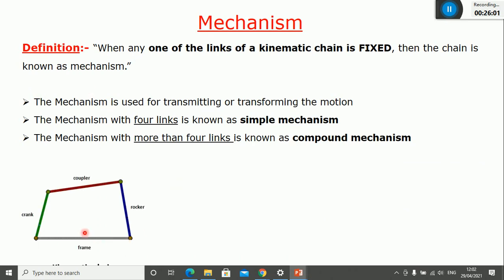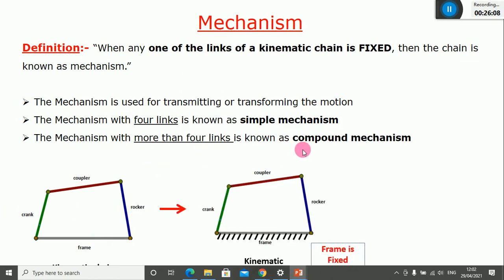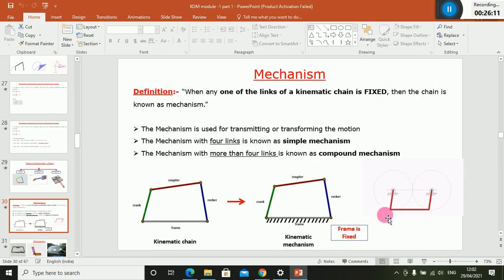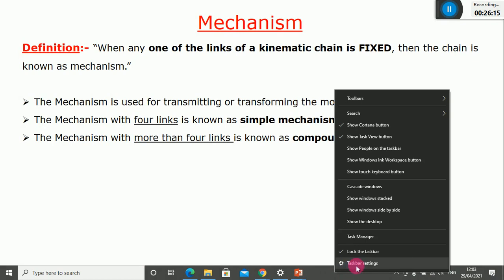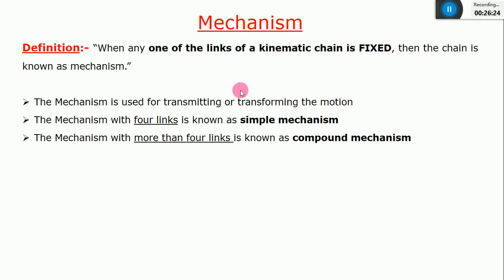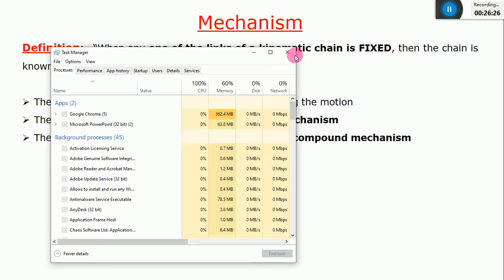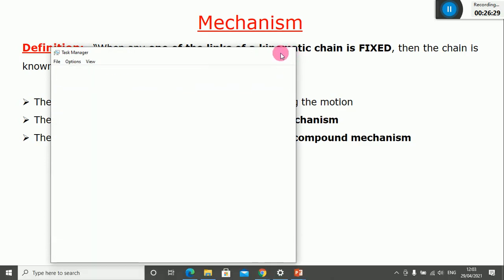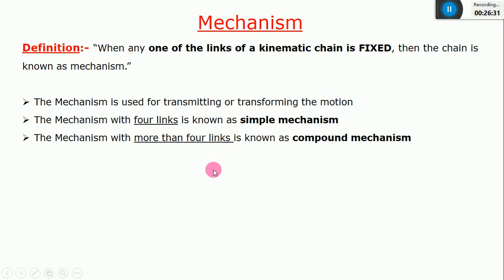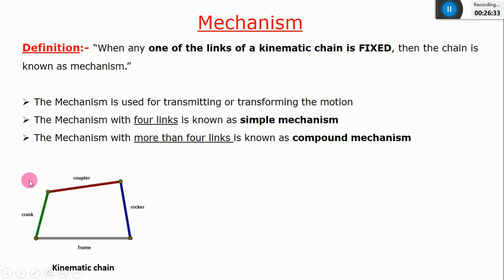So I'll consider this one. This is a 4-bar kinematic chain.